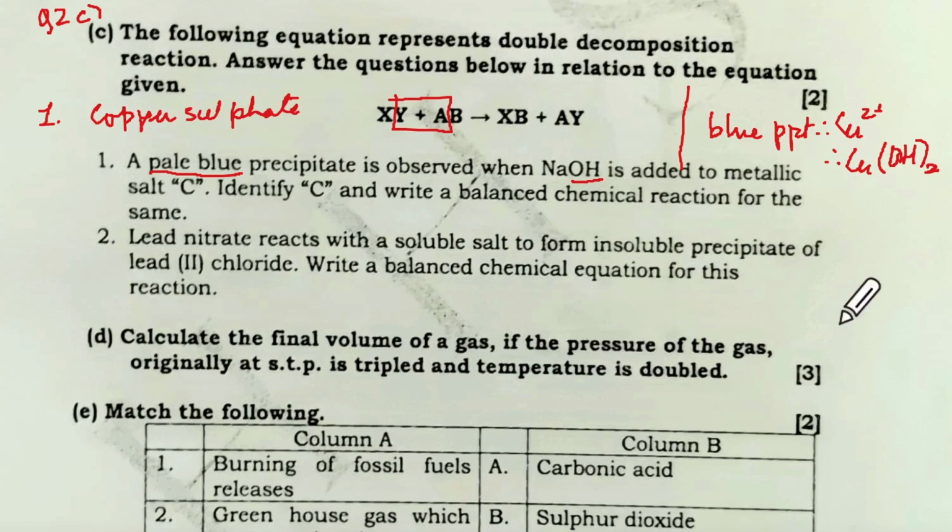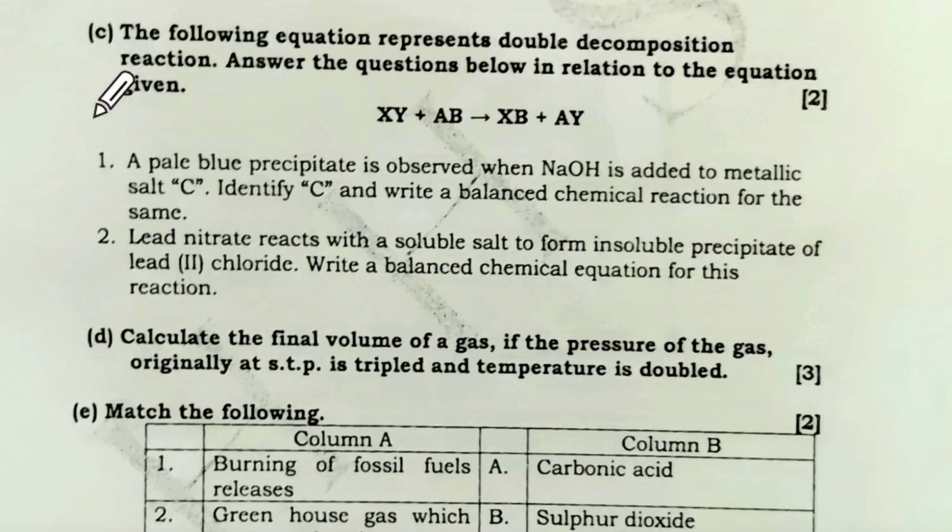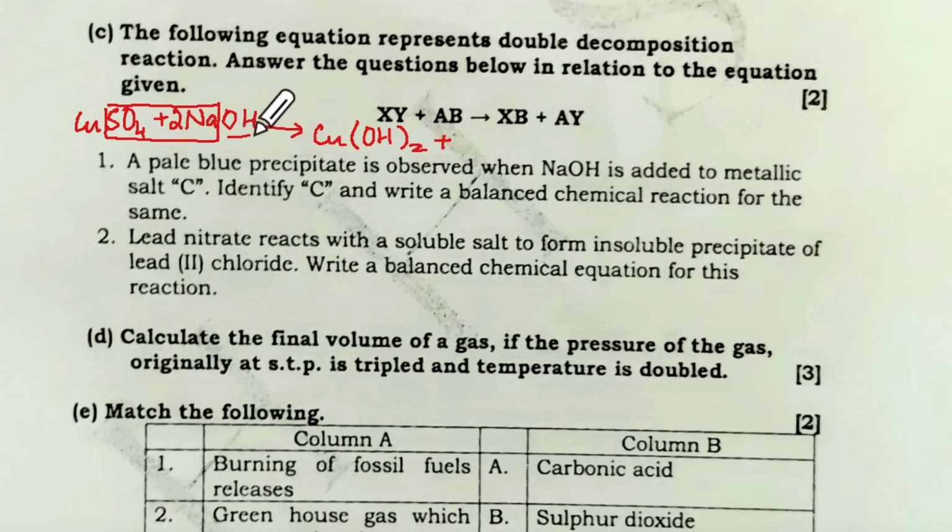Alright, finish writing. Now below that you have to write the reaction. So what will you write? CuSO4 plus what? NaOH, and we will get double decomposition reaction, correct? What will I get over here? Cu will take OH, means Cu(OH)2, correct? So immediately we'll write 2 here to balance that OH.